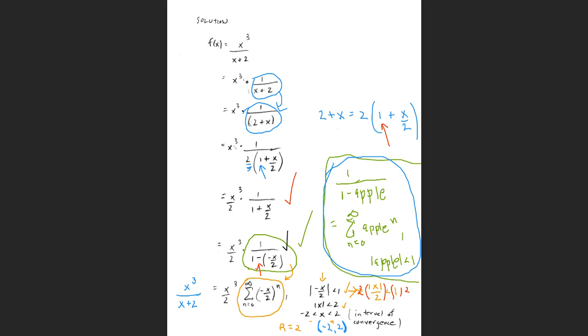All right. So we're not going to leave our answer like you see it here. You're going to see that it's very important to get that summation in simplified form. And then the x cubed over 2, we're actually going to bring that back into the series. So here we go.